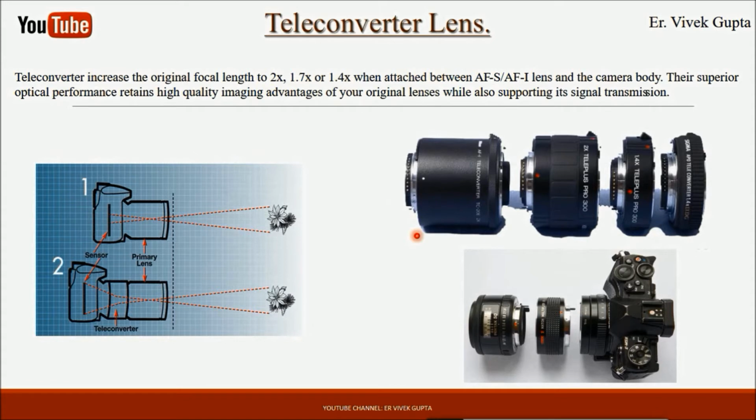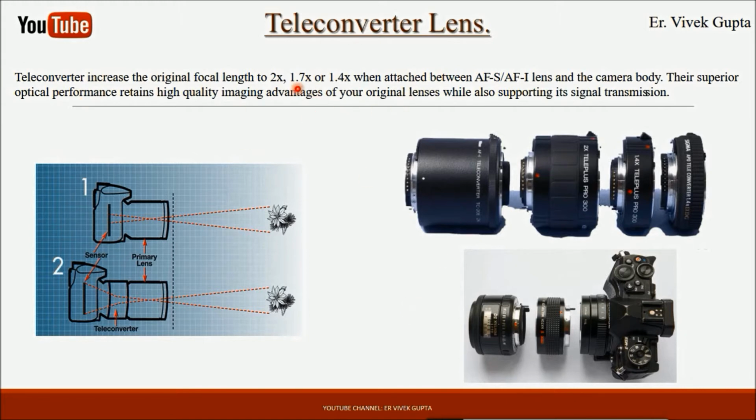So for example, if you are using a 2x teleconverter with a 50 mm lens, then the 50 mm is multiplied by 2, giving 100 mm. So the 50 mm lens will act like a 100 mm lens.